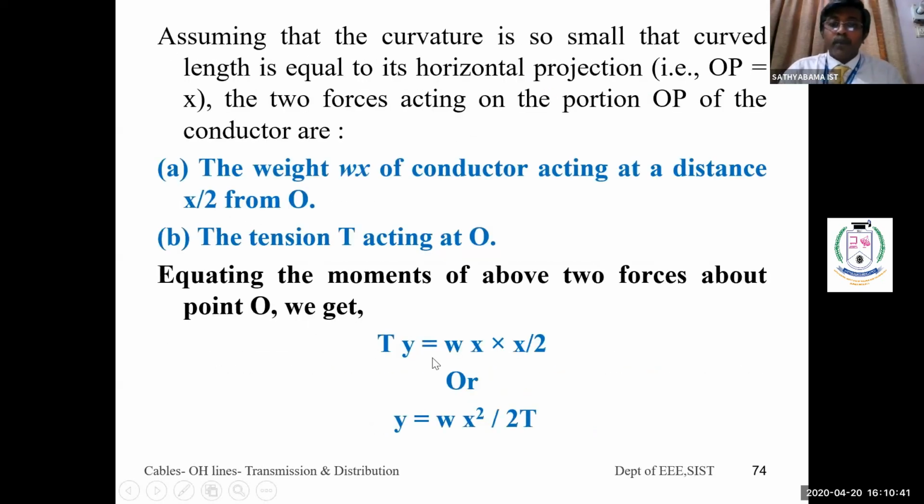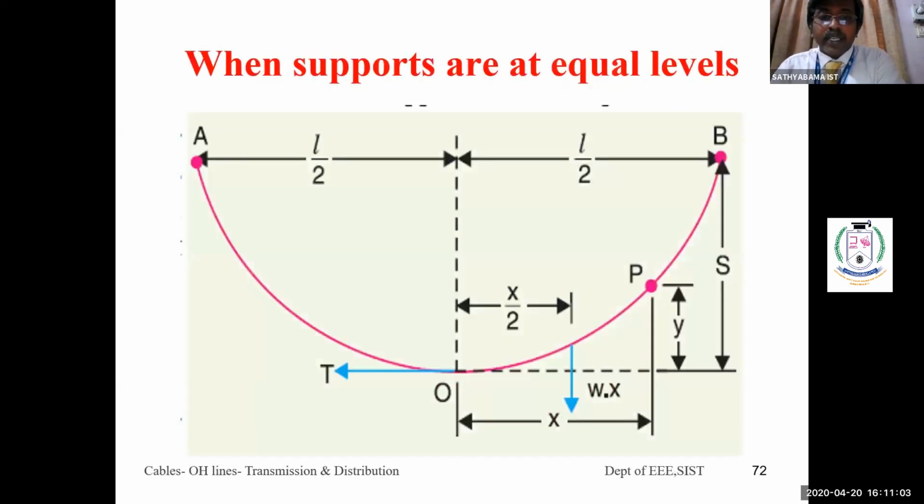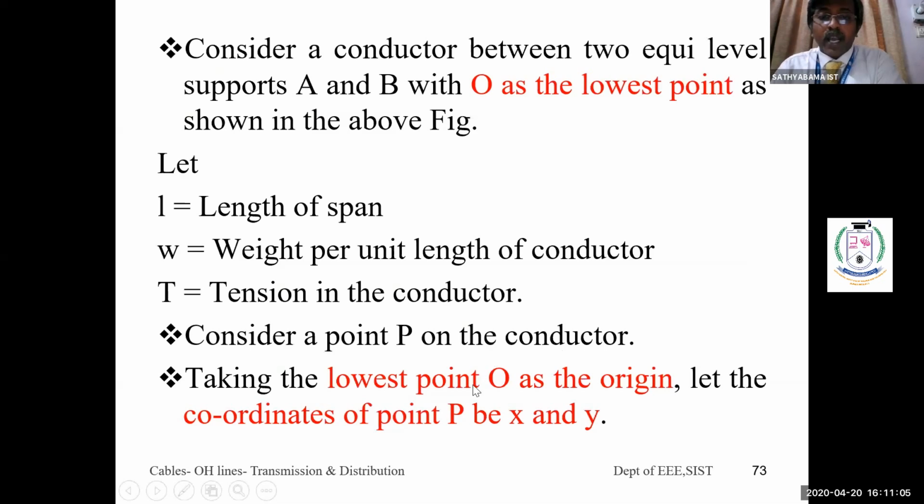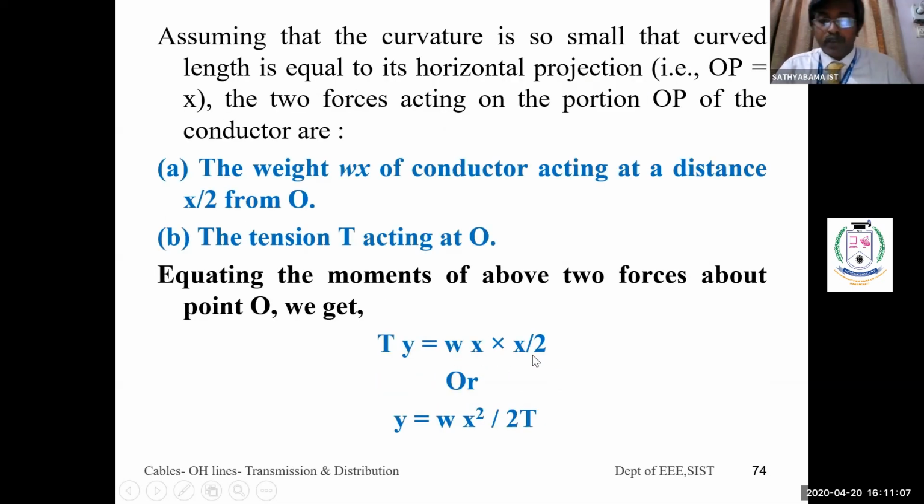So Ty is equal to Wx into X by 2, or you can write Y is equal to Wx square divided by 2T. Once again, we have two types of forces, one from the tension and another from the weight. So this is T into the Y coordinate, and the other is Wx into X by 2, or Y is equal to Wx square divided by 2T.